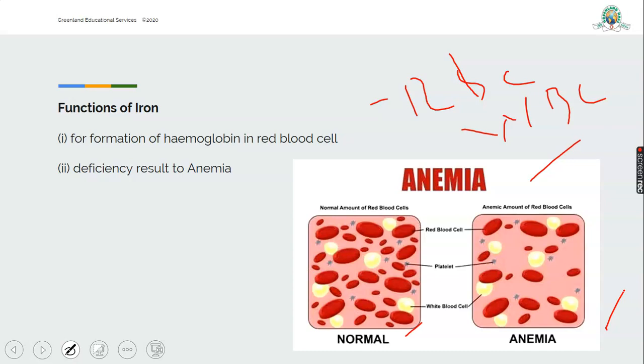The platelets is shown here. You can see the number of platelets present in that of the anemia, and you can see the number of platelets present in that of the normal. So that is what is lacking in that person that is anemic.